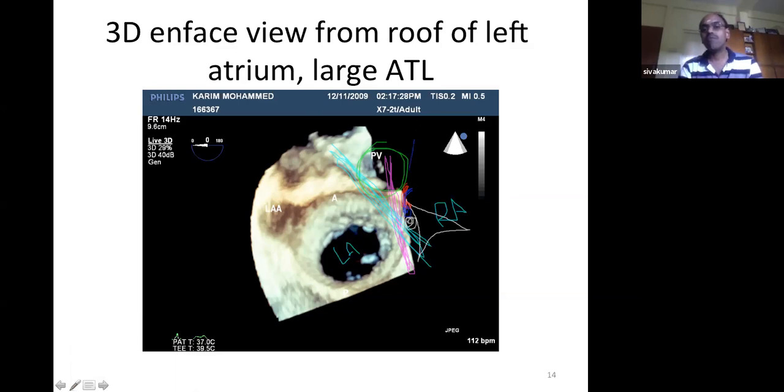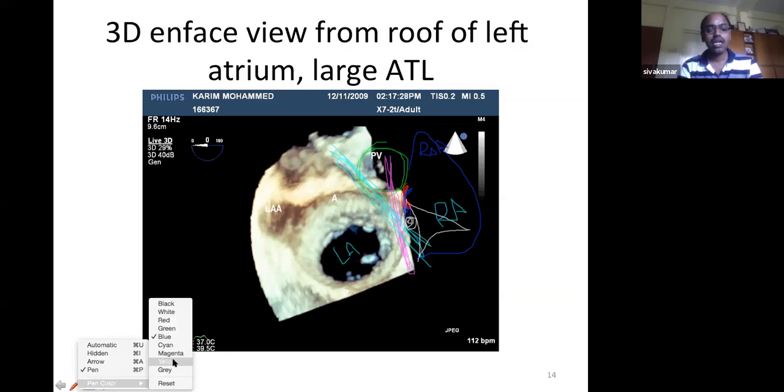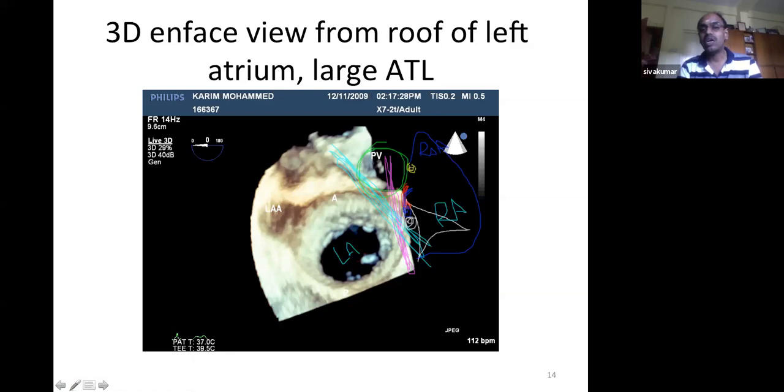So in order to compensate for that, in this right atrium, at the base of the right atrial appendage, there will be an anterior AV node which will give a conduction tissue along the anterior wall of the pulmonary valve and enter into the interventricular septum, where this is the interventricular septum.